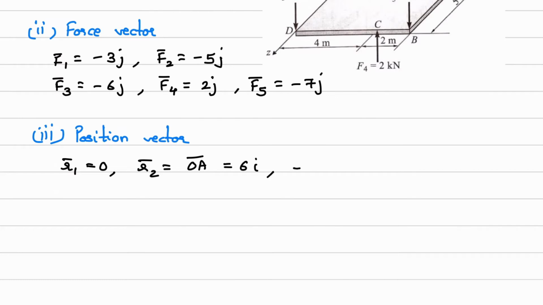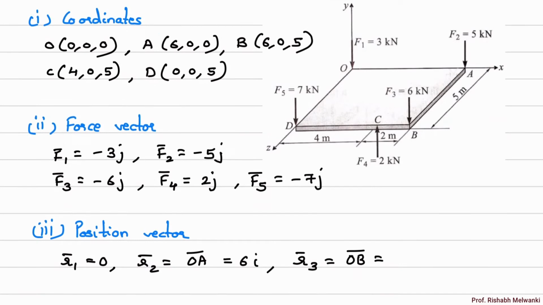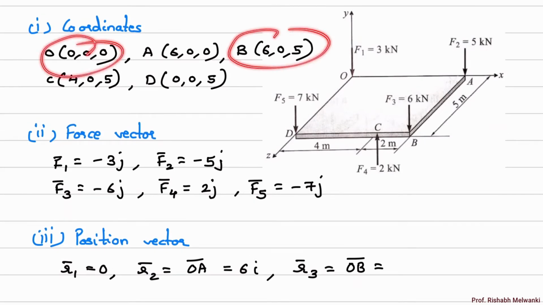Then position vector of force 3. Force 3 is acting at this location. It will be OB. So this will be B minus O. As it is, you will have 6I plus 5K.